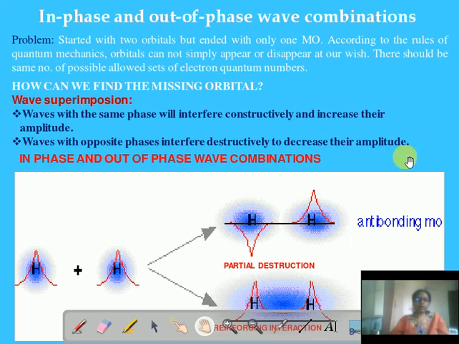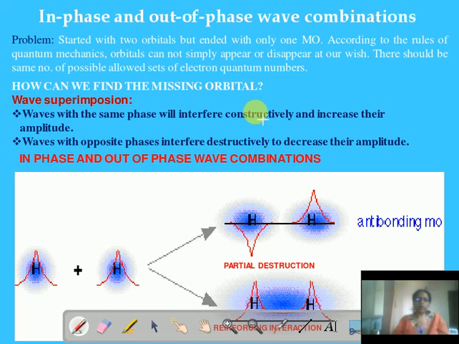So first let us consider the in phase and out of phase wave combinations. As we start to form the molecular orbital, basically we take two atomic orbitals and we form only one MO. But according to the rule of quantum mechanics, you know that orbitals cannot simply appear or disappear at our wish.